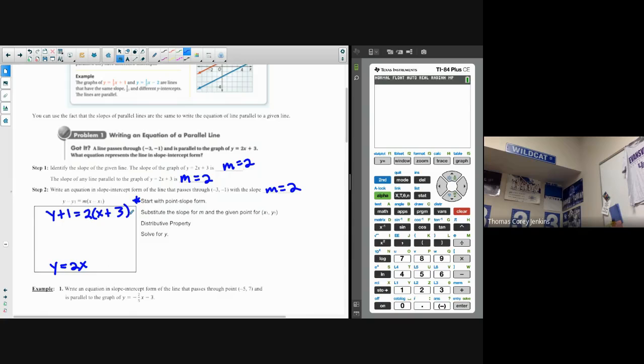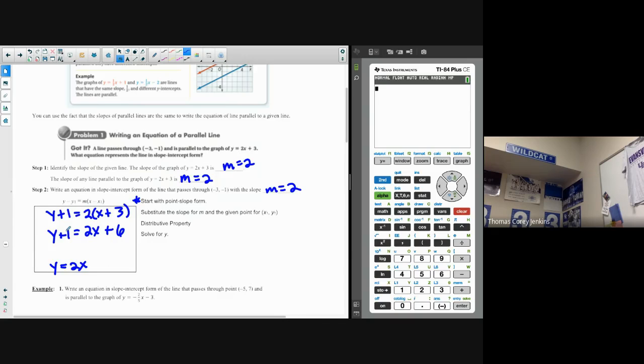All right, so now what we need to do is, we already substituted. We're going to go ahead and solve for y, okay? So this reminds us to distribute first. So on the right side, 2 times x is 2x. 2 times 3 is +6.